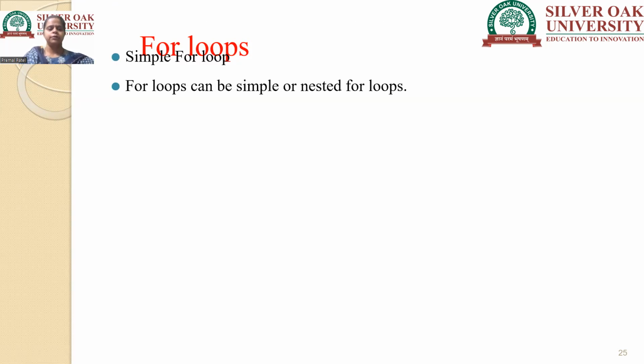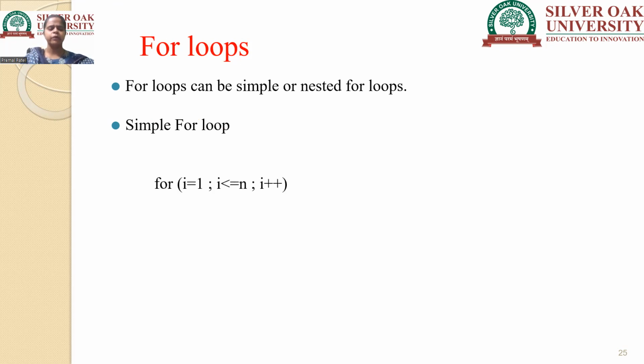Now next we have to see the example of for loops. We all know that for loops are of two types. One is the simple for loop and the other one is the nested for loop. So we will see them one by one, starting with the simple for loop. We have to consider one for loop, and we all know that a for loop has three parts.